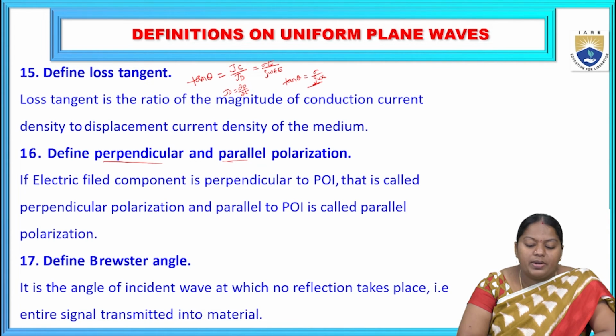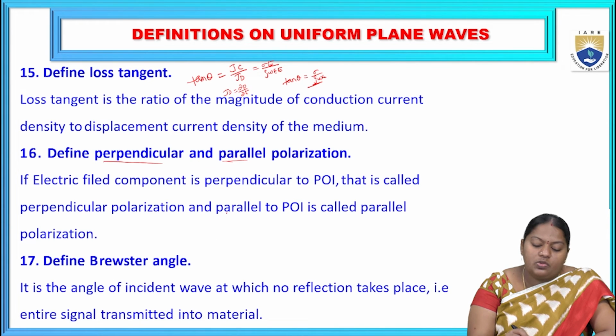Right? So perpendicular and parallel polarization means if the electric field component is perpendicular to the plane of incidence, it is called perpendicular polarization, and if the same electric field component is parallel to the plane of incidence, then it is called parallel polarization.